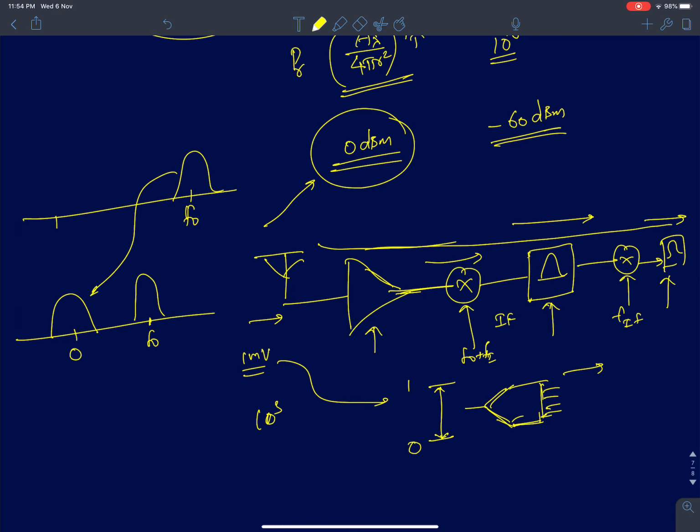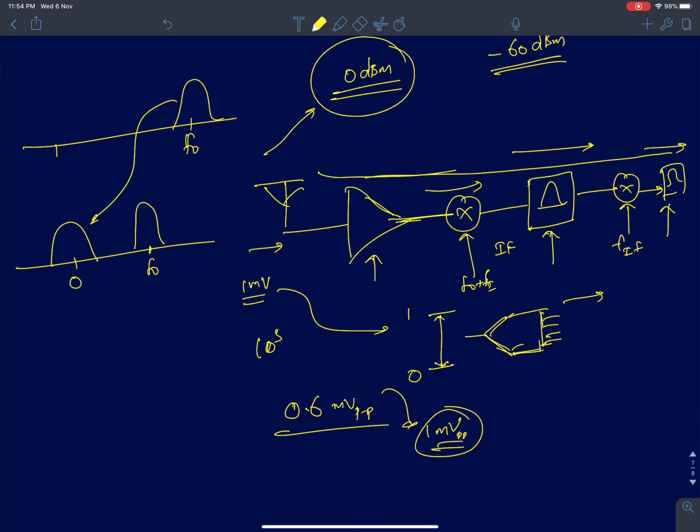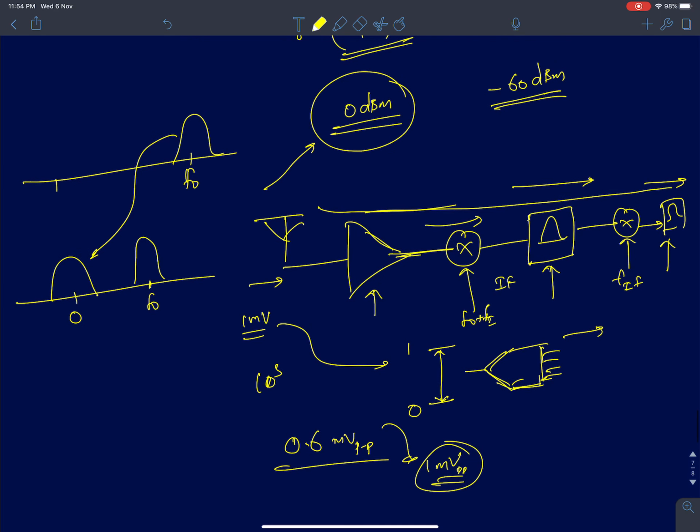We have first received a power of 0 dBm, which translates to 0.6 millivolt peak to peak. Okay, I'll just take it as close to 1 millivolt peak to peak. This is just for analysis. I'm sorry, this is 0.6 volt peak to peak, or 632 millivolt peak to peak.